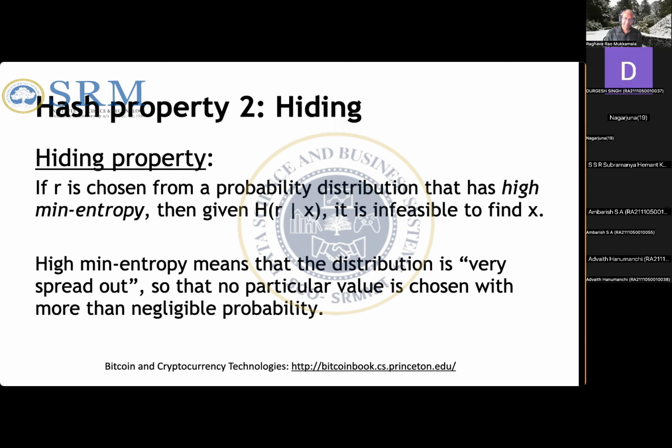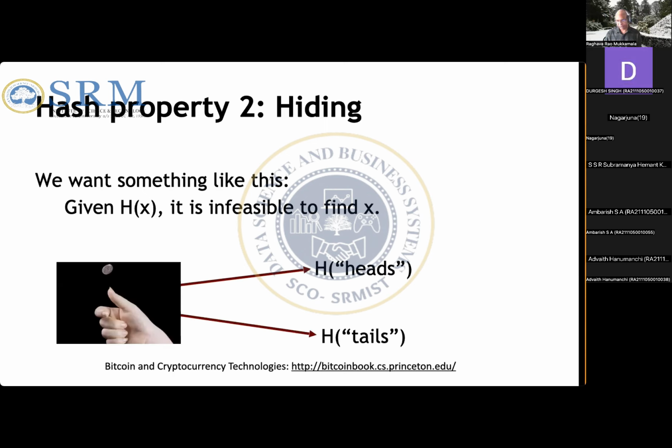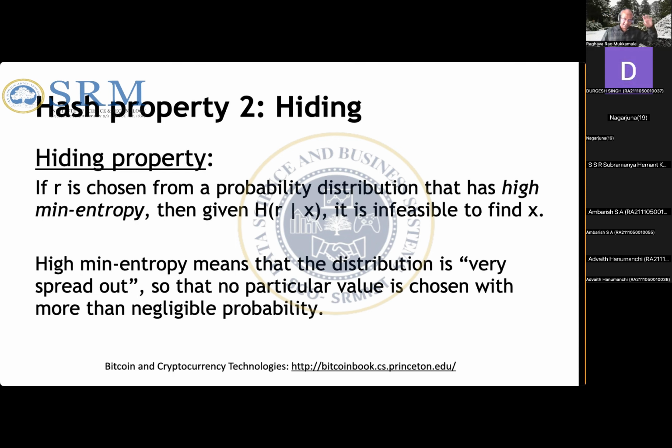What we do is a simple trick. Let's say you have a message like heads or tails which you want to communicate. To be more secure, you take a random key, which is selected with high min-entropy.